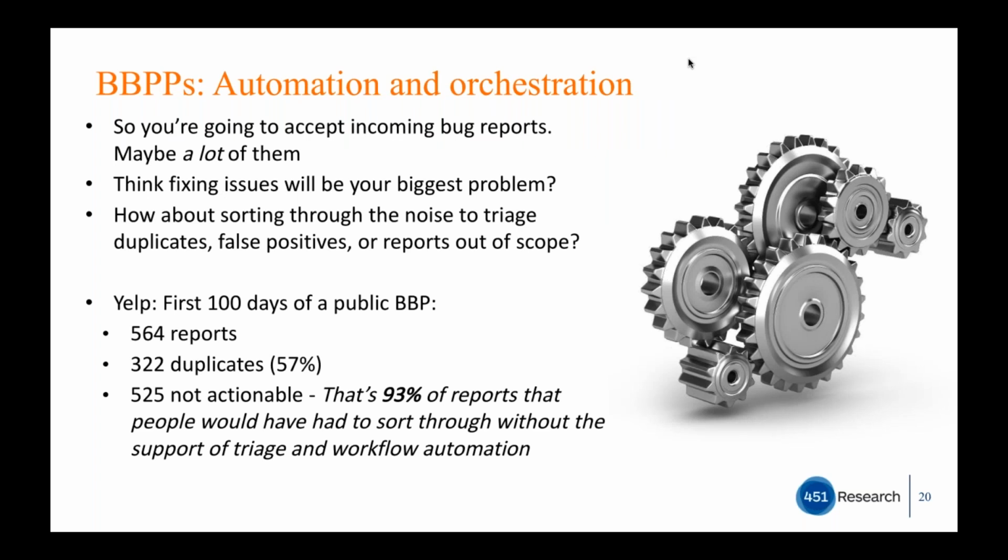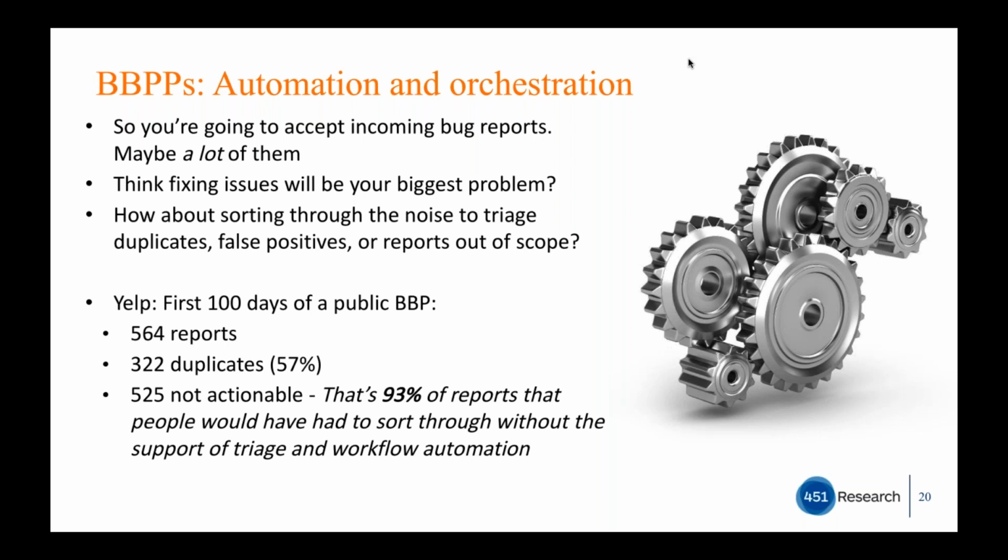And one of the key things a platform provider can offer you is the ability to automate and orchestrate the process for you. Just to take an example, in the first 100 days that Yelp ran a public bug bounty program, they received over 500 reports inbound, of which 57% were duplicates.